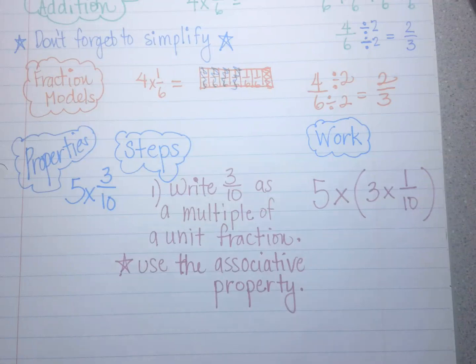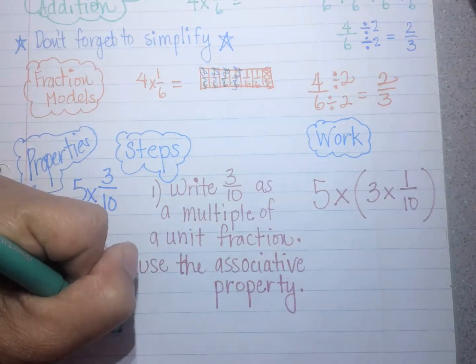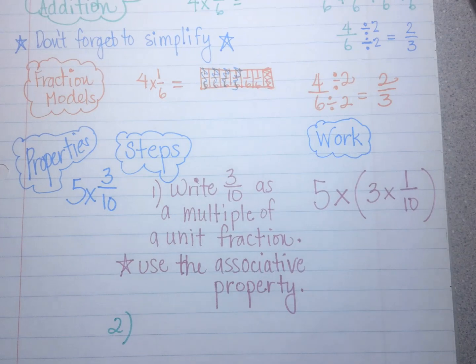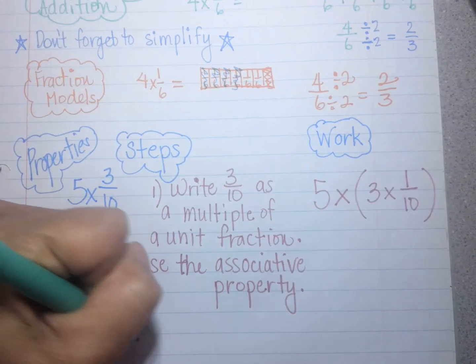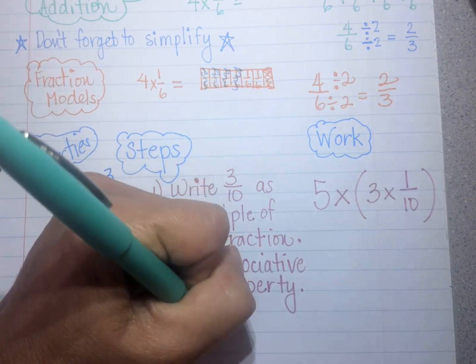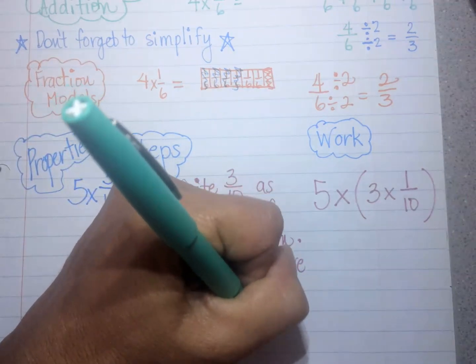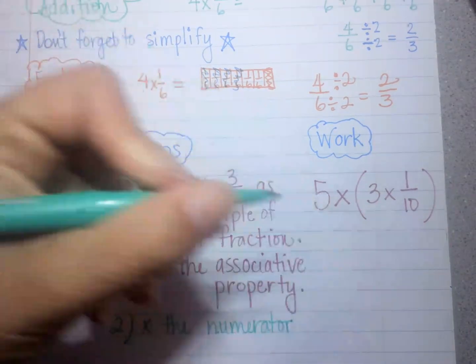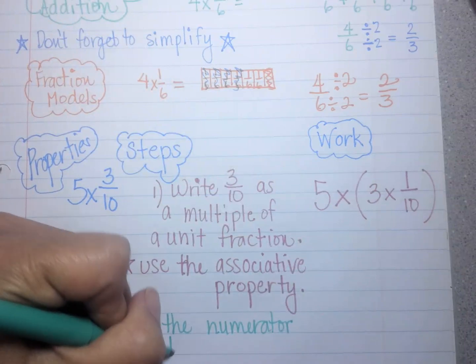Okay. Now to solve it, what you're going to do is multiply the numerator by the whole number.